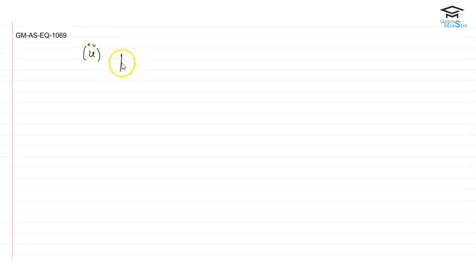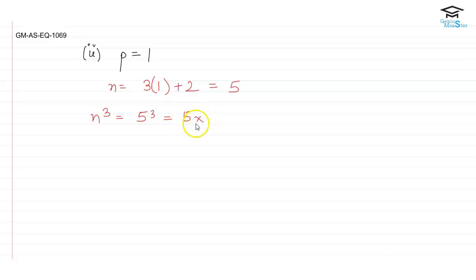Now we will take p as 1. So n equals 3 into 1 plus 2, which is 3 into 1 is 3, 3 plus 2 is 5. Now we will find n cube, which is 5 cube. 5 into 5 into 5, 5 into 5 is 25, 25 into 5 is 125. Now we will divide 125 by 3.